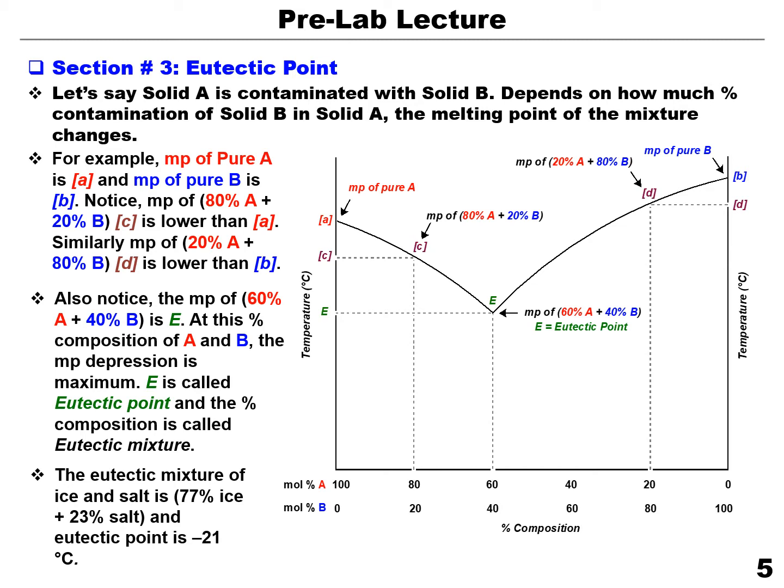So when you have 80% of A and 20% of B, which means B is the impurity now, then they will have c, lowercase c in parentheses, as a melting point, which you can clearly see from the graph is lower than a.